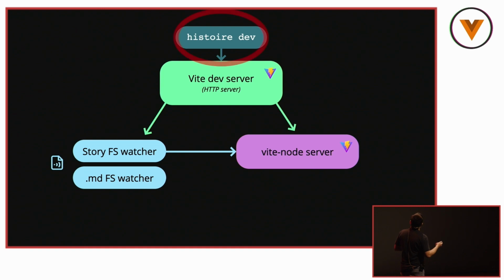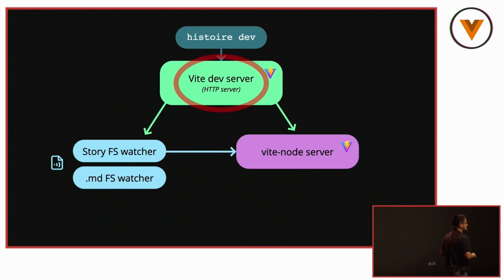At the top, you have the command to run Histoire in development mode, which is the most interesting one for this talk. But you have a lot of other commands. And it's basically starting a dev server, a Vite dev server, just like when you run Vite in your dev script.